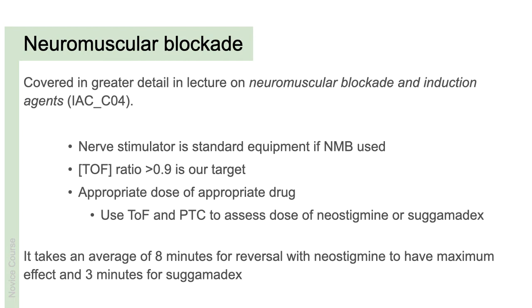Important thing to remember with this is how long it takes the drug to work or to have its maximal onset of action. So you will see when you give neostigmine, we also give it with glycopyrronium. The glycopyrronium is there to offset the anticholinergic effects of neostigmine.